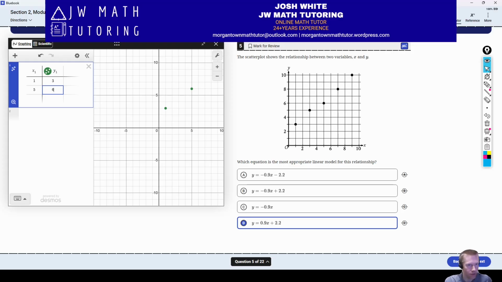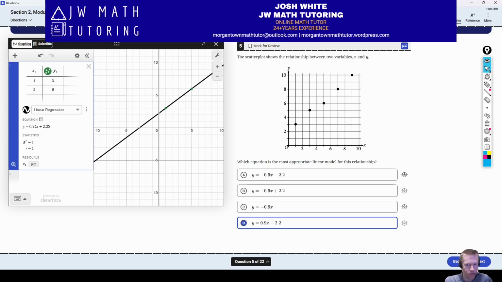So now you can click the button. Notice it doesn't match exactly. The y-intercept is pretty close, 2.25 versus 2.2, but the slope is a little off, 0.75 versus 0.9. However, it's close enough, and notice again, all the other answer choices have negative values, and this one has a positive value. So that has to be the correct answer.